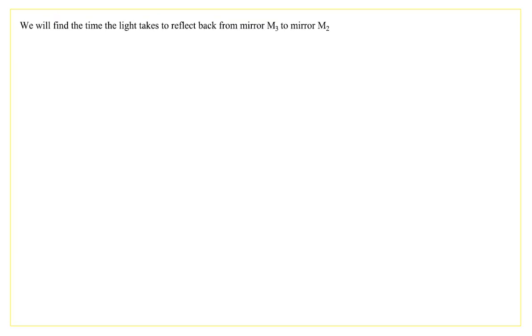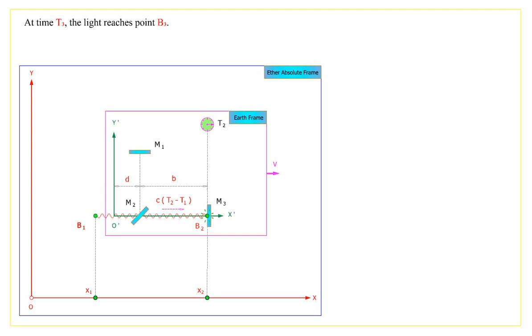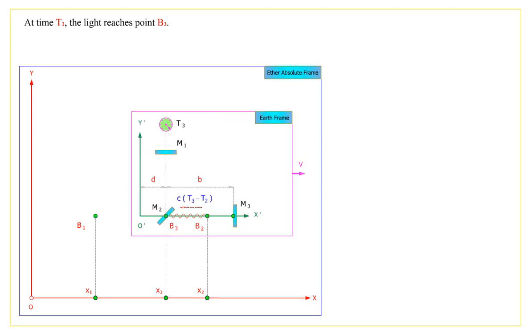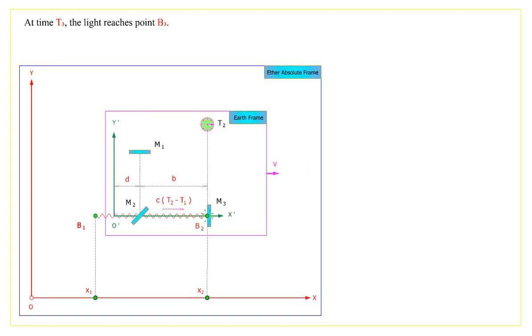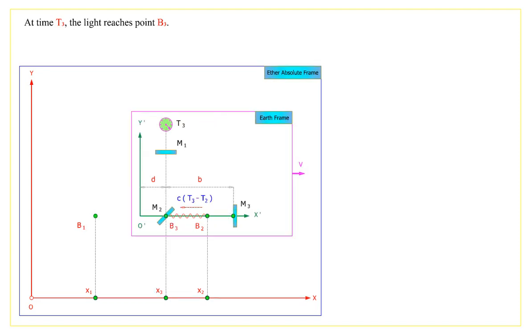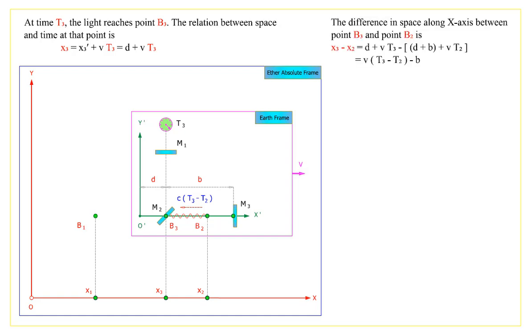We will find the time the light takes to reflect back from mirror M3 to mirror M2. At time t3, the light reaches point B3. The relation between space and time at that point is x3 equals x3 prime plus v t3 equals d plus v t3. The difference in space along the x-axis between point B3 and point B2 is the following.